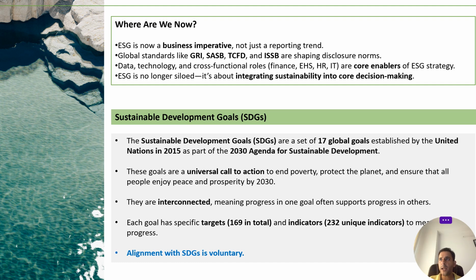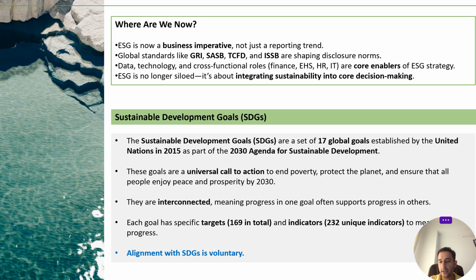So if corporates are working on ESG aspects, measuring their performance on ESG, and taking sustainability initiatives, then they can always map their activities, goals, objectives, vision, mission, and projects with these sustainable development goals.